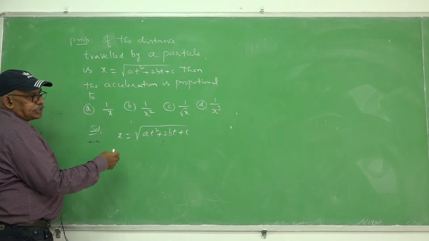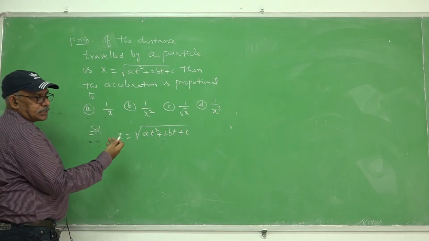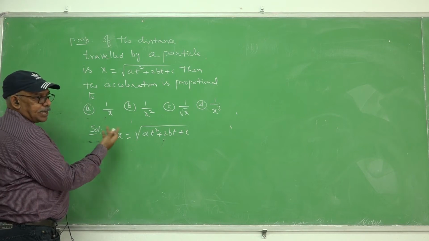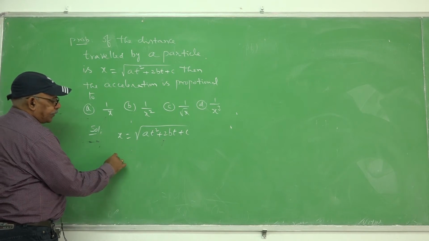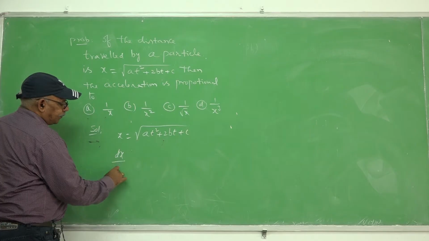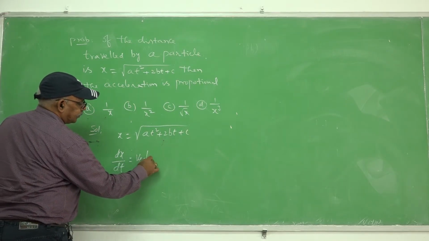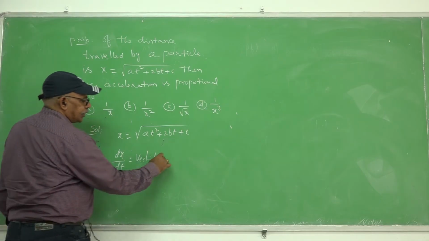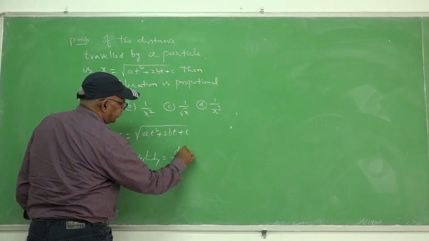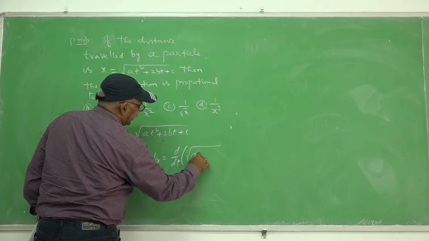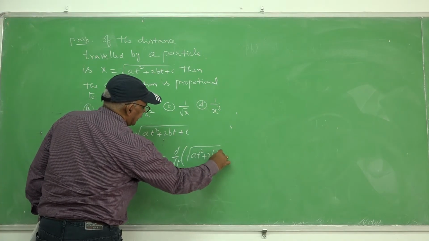The velocity is given by ds by dt, where s is here x. So differentiating x with respect to t, dx by dt, velocity is d by dt of the root of at square plus 2bt plus c.